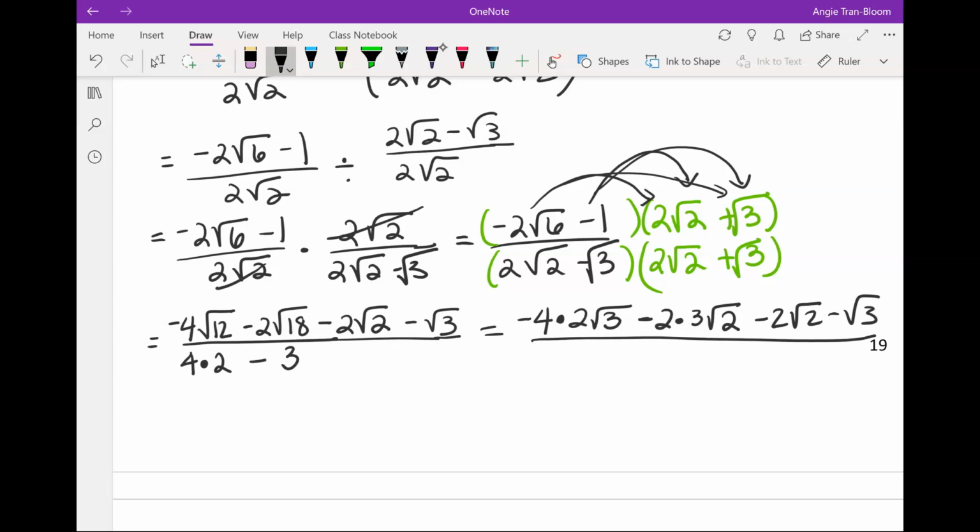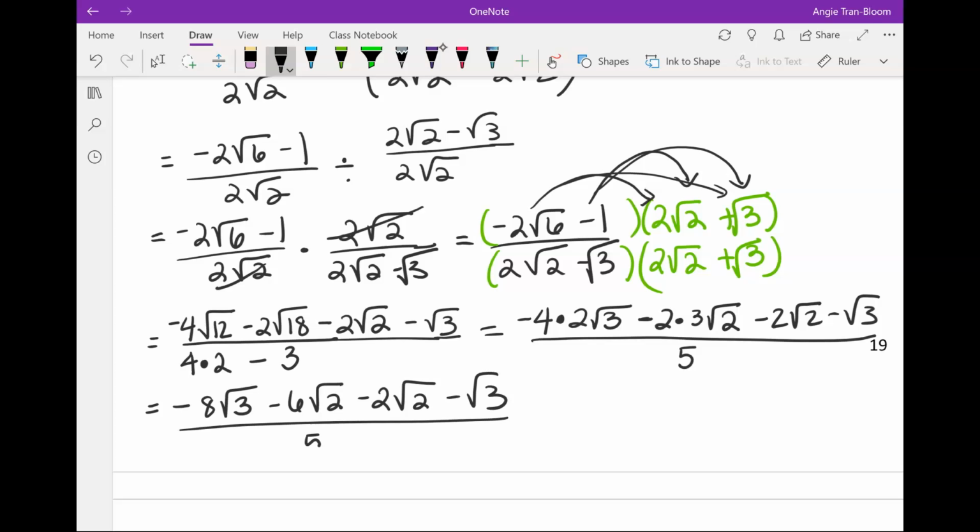On the bottom, what do you have on the bottom? Not a bad number. 5. Okay. Okay, maybe 1 or 2 more steps. That's now negative 8 rad 3 minus 6 rad 2 minus 2 rad 2 and then minus rad 3 all over 5. Can I combine anything?